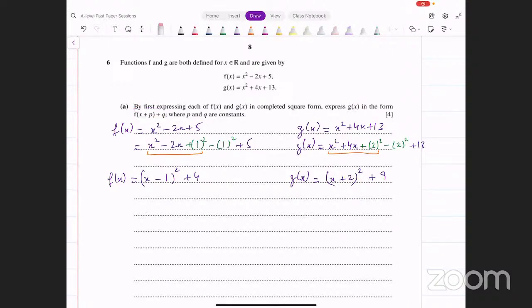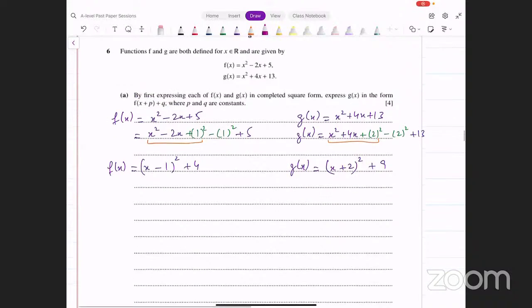That's what we're looking for. अब function f को किस तरह से change करेंगे तो वो g of x के equal हो जाएगा. So basically we're starting from f of x. इसमें क्या changes करेंगे तो आपको g of x मिल जाएगा. That's what we want. g of x को आपने इस form में represent करना.